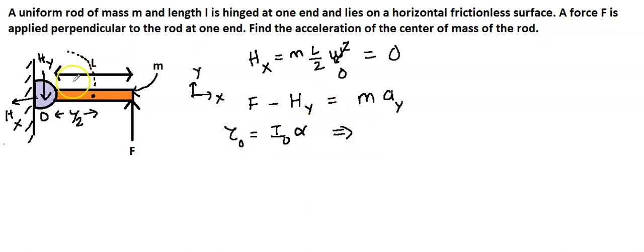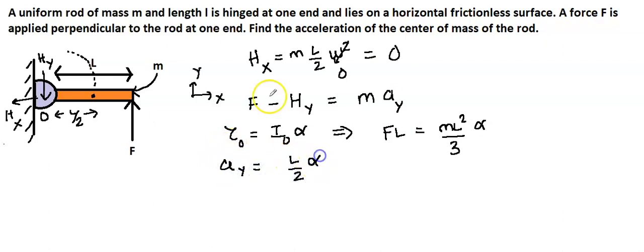About point O, there's no torque due to the hinge reaction. So it's just F times L is the moment of inertia about the hinge, that's mL squared by 3, times alpha, right? And we also have ay equals L by 2 into alpha. So the rod is in pure rotation about point O. So that's how we get this equation.